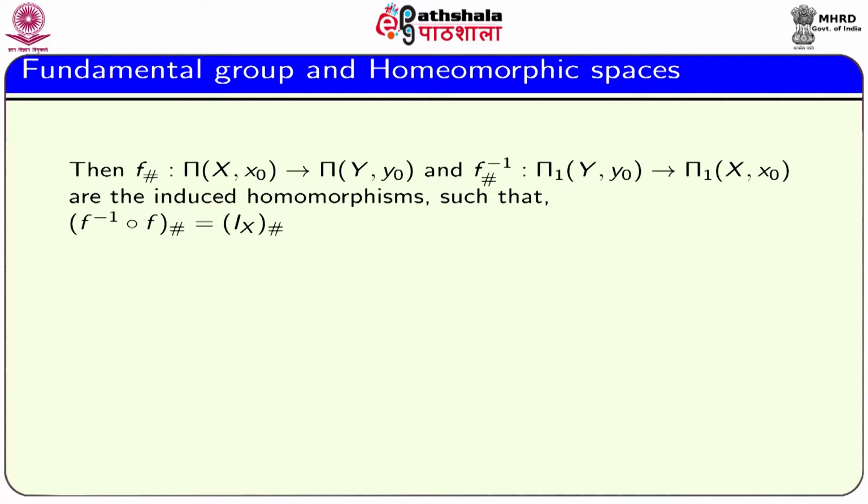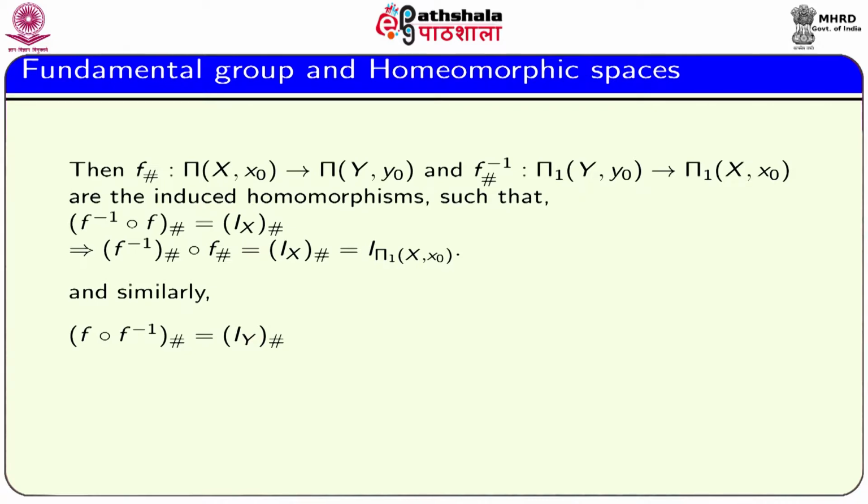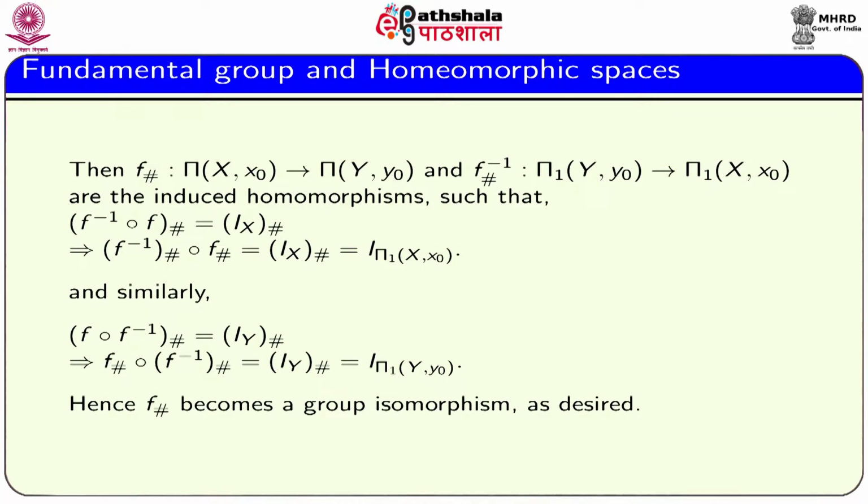How do we get it? f inverse composed f is the identity, so (f inverse composed f) sharp is identity sharp, which means f inverse sharp composed f sharp is the identity on the fundamental group of X. And similarly, f composed f inverse is the identity, so f sharp composed f inverse sharp is equal to the identity on the fundamental group of Y. Hence, f sharp becomes a group isomorphism as desired.